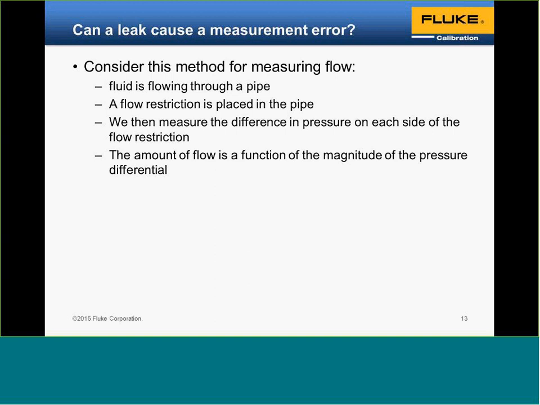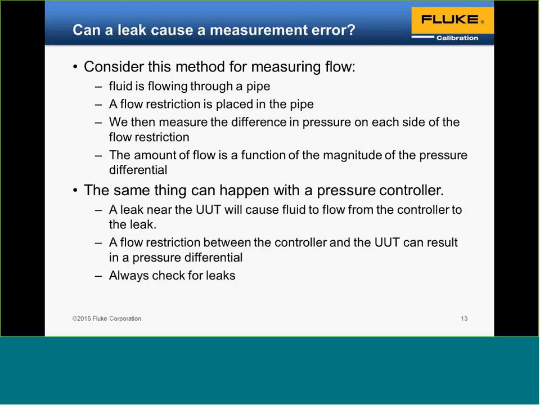In other words, if we have a faster flow, then we get a larger pressure differential. It's a very common method for measuring flow, such as liquid flow. This sort of situation can happen with a pressure controller.